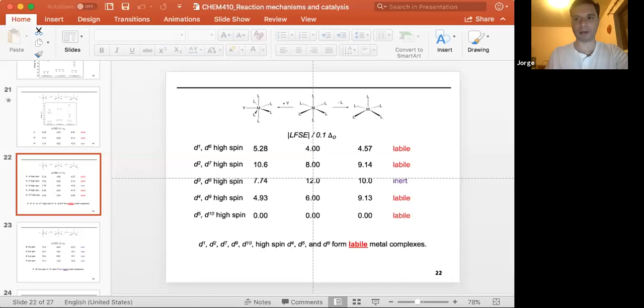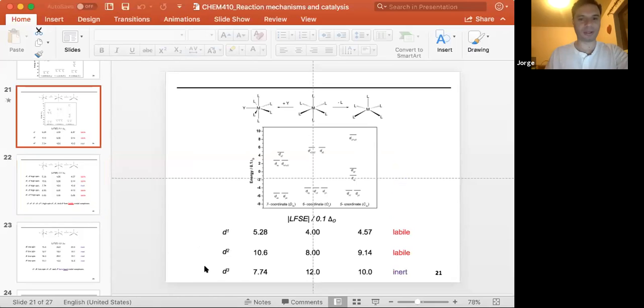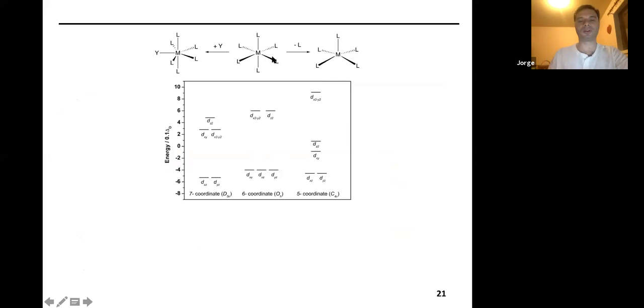Okay, here we are. So that was the point we stopped last week. I showed you that the octahedral complex can undergo an associative mechanism and produce a coordination number 7 complex, or dissociative and produce a coordination number 5.